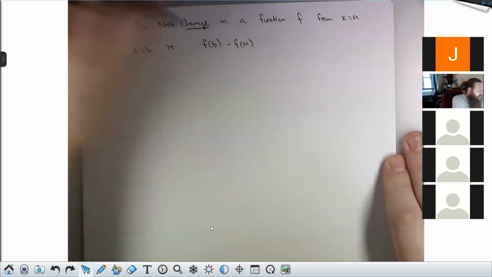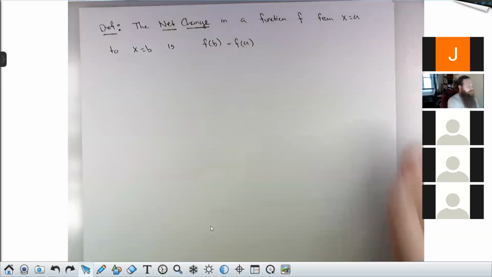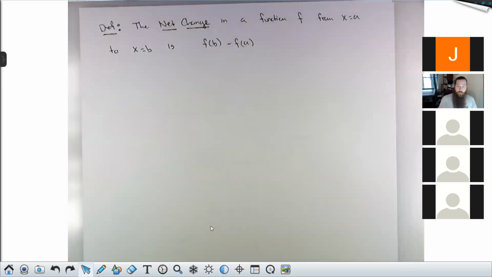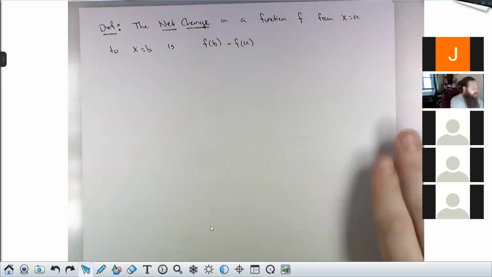So the term we're defining here is net change. In terms of the graph, we're asking how far did the function travel up or down over an interval? So sort of the picture here.